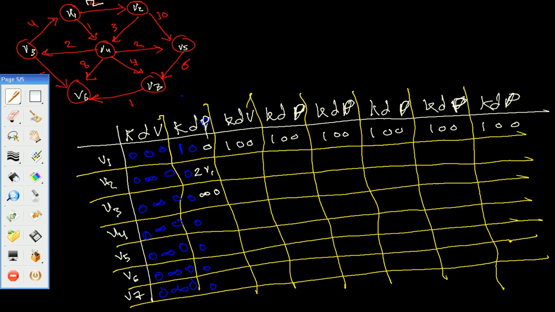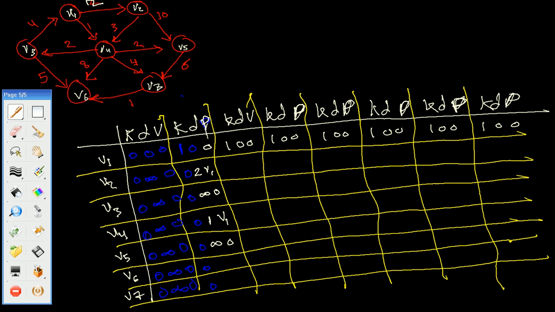From V1 to V4, the distance is 1, and the previous is V1 exactly. From V1 to V5 there is no distance, so infinity and 0. From V1 to V6, infinity and 0. From V1 to V7 also infinity and 0.